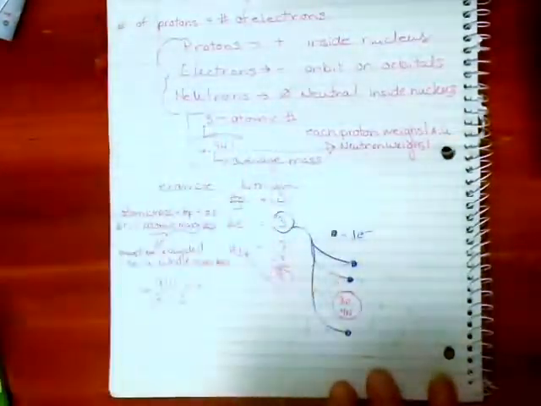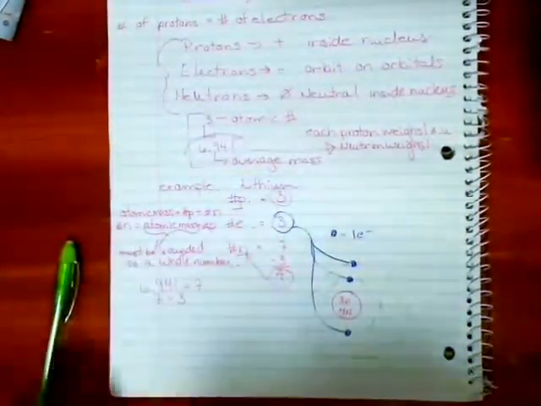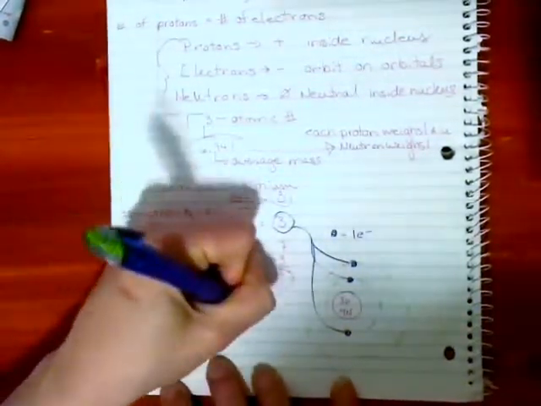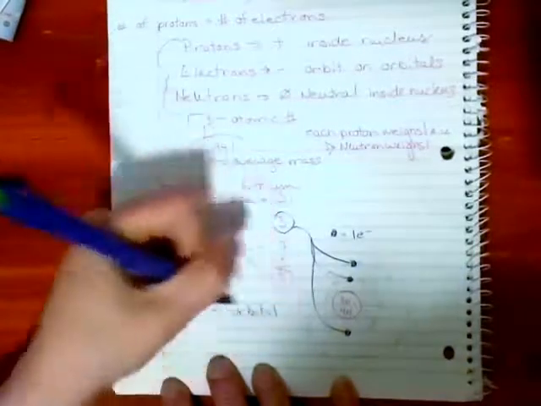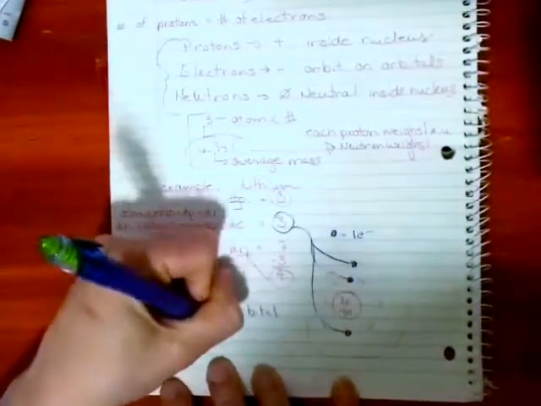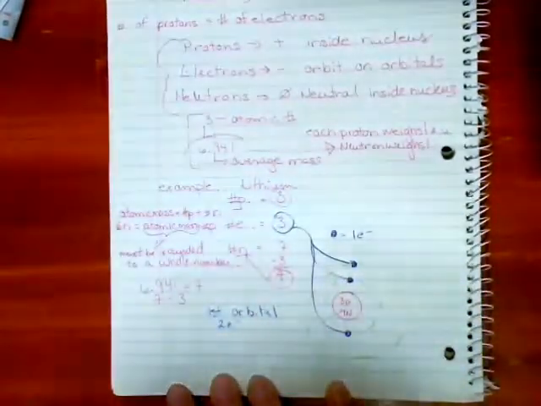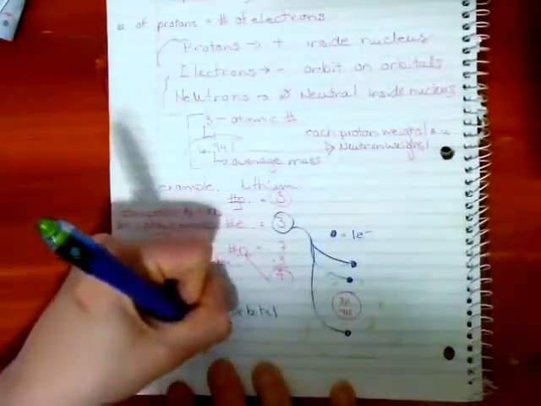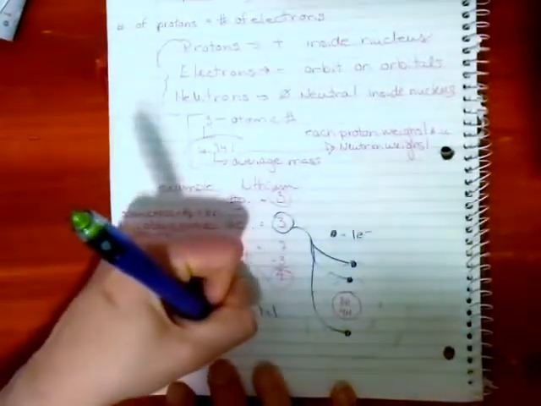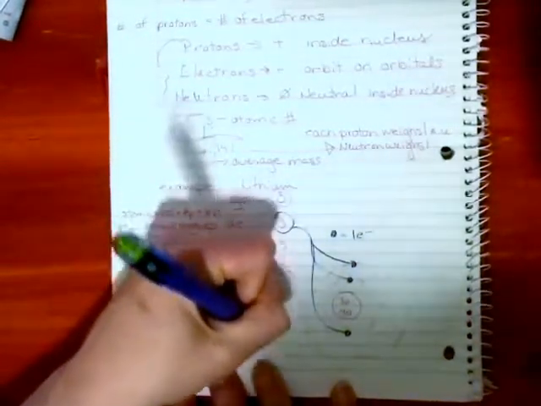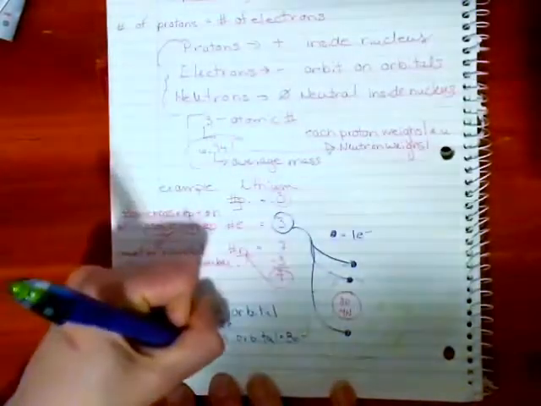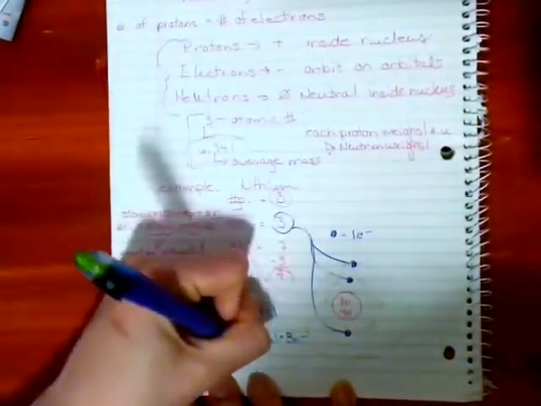So this first orbital can take 2 electrons, okay? Then the rest, so the second and third orbital, can take 8 electrons, and the third can take 8.